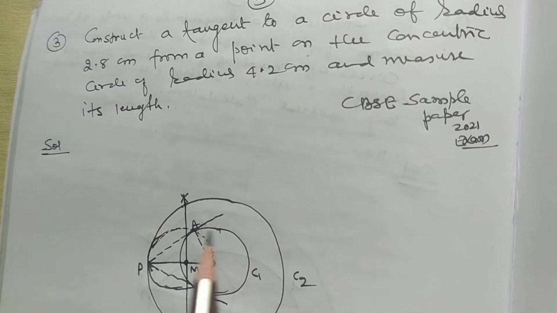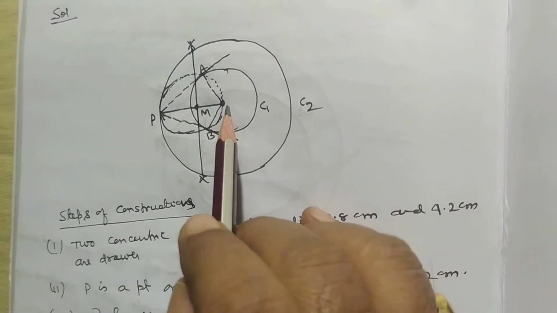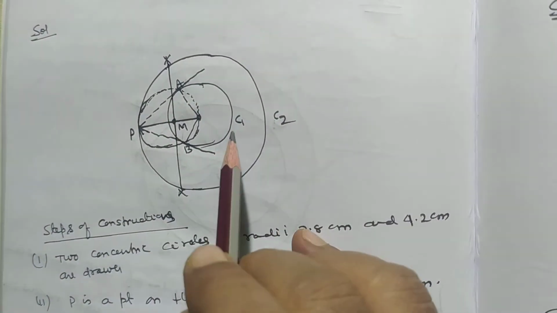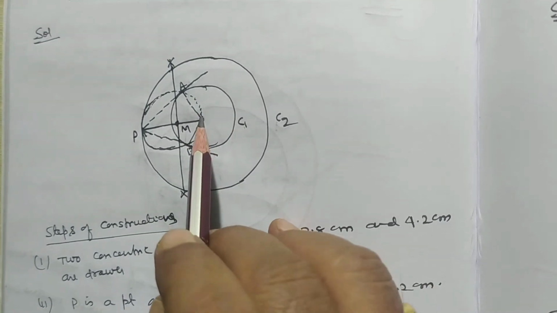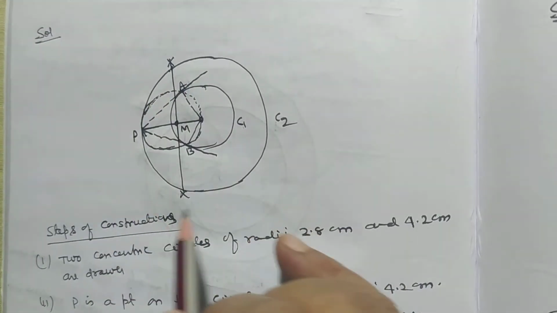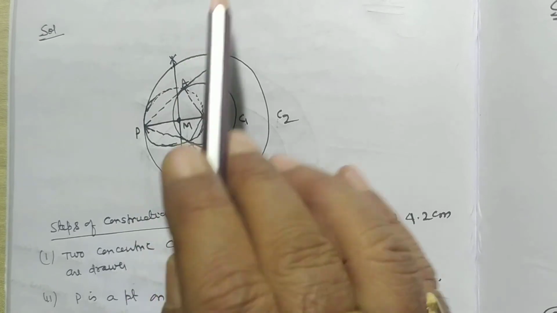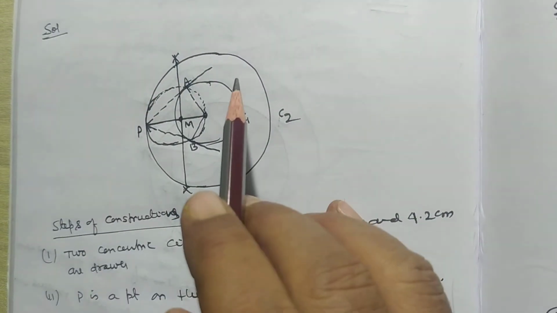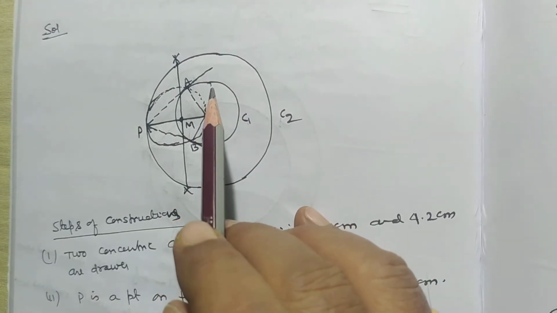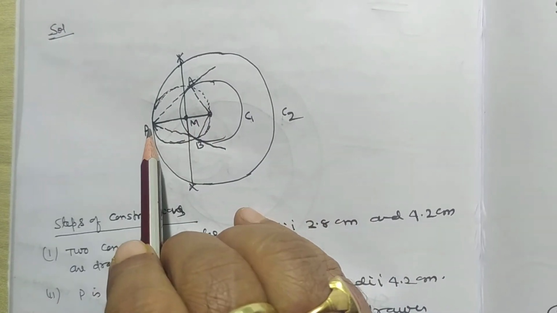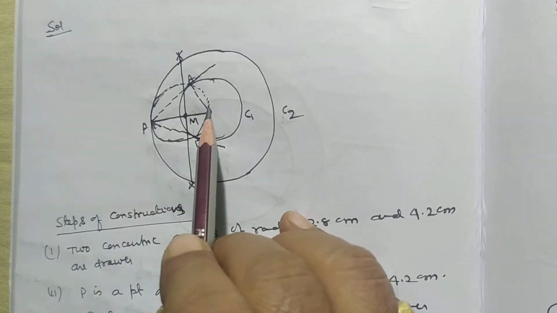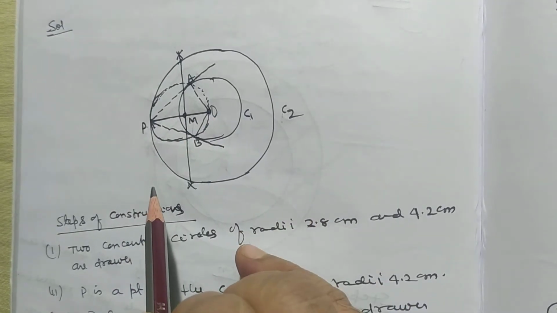So we take a circle having center O and radius 2.8 centimeters. Suppose this is C1. Now having the same center, we take another circle having radius 4.2 centimeter. So C2 is the bigger circle. Now we take a point P on the bigger circle and join it to the center.